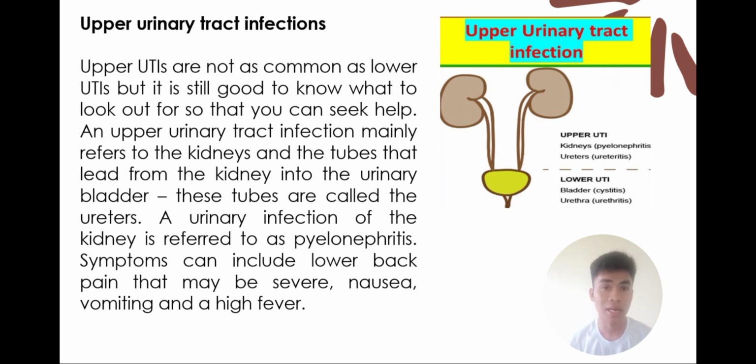So that is the upper urinary tract. These tubes are called the ureters. By the kidney, these tubes are called ureters. Urinary infection of the kidneys is referred to as pyelonephritis.